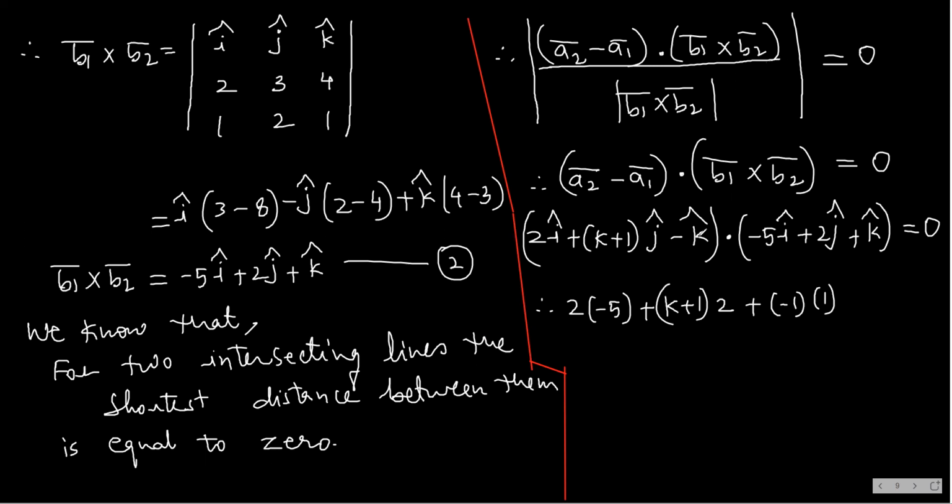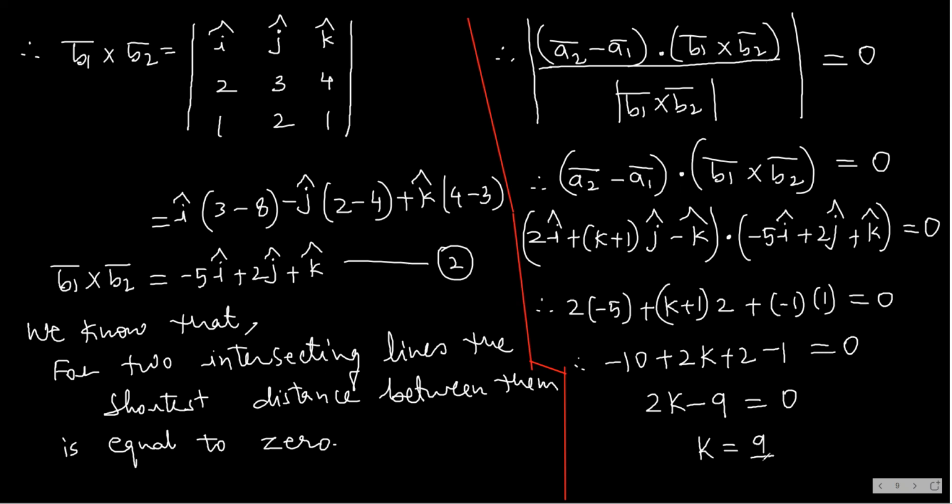See, the coefficient of k cap here is minus 1 and here it is plus 1, equals 0. So you have negative 10 plus 2k plus 2 minus 1 equals 0. So 2k minus 9 equals 0. So k equals 9 by 2.